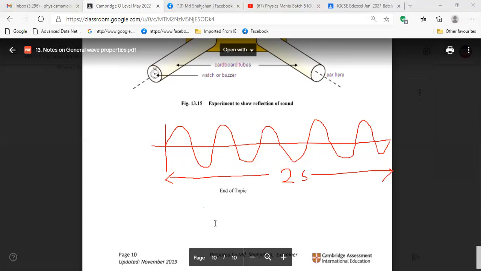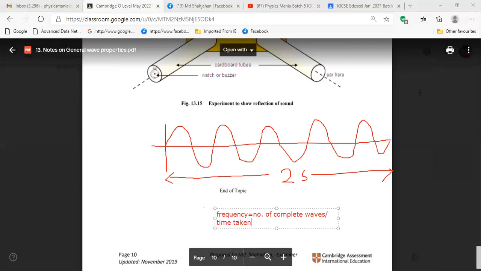What is the formula of frequency? You write here: frequency equals number of complete waves divided by time taken.